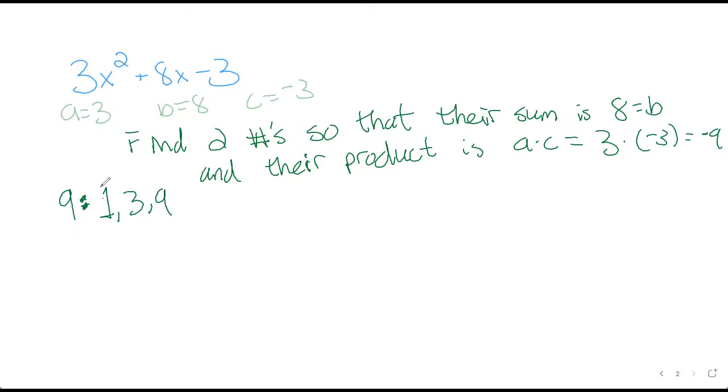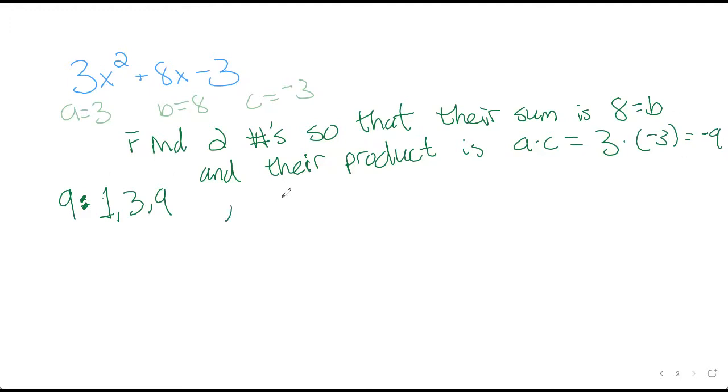Well, we can't get anything from 3 times 3 to equal 8. How about 9 and 1? 9 times 1 is 9, but 9 plus 1 is 10, so that won't work. It's all about picking out the pairs of numbers and manipulating their signs so that we get a sum of 8 and a product equal to negative 9.